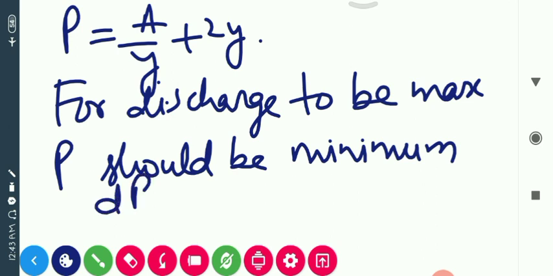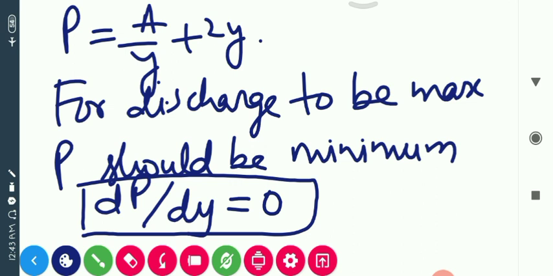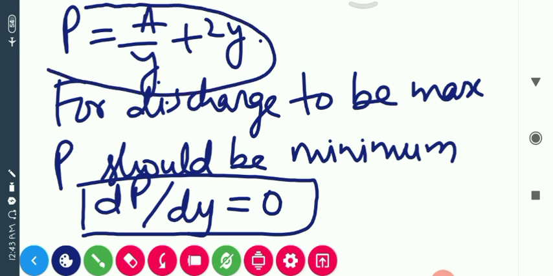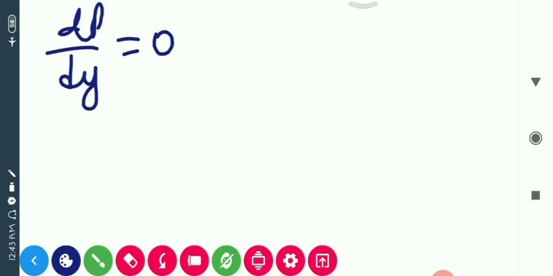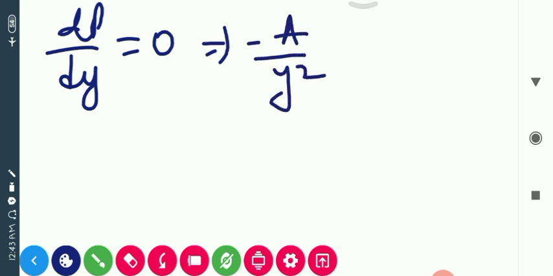Okay, so dP by dY should be equal to 0. So we will differentiate this P with respect to Y and we'll see the results. Okay, so differentiating, dP by dY equal to 0, we get minus A by Y square plus 2 equal to 0.